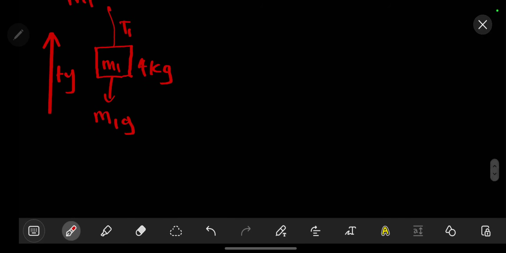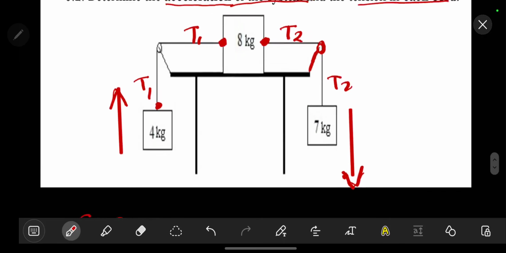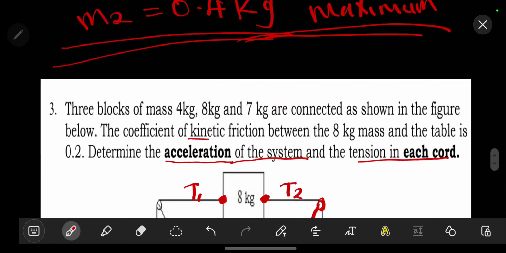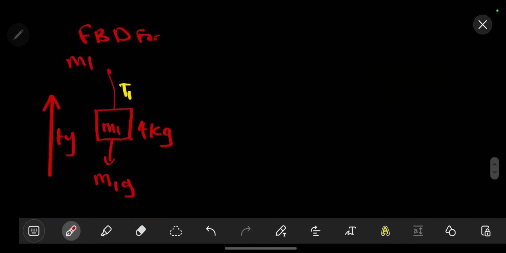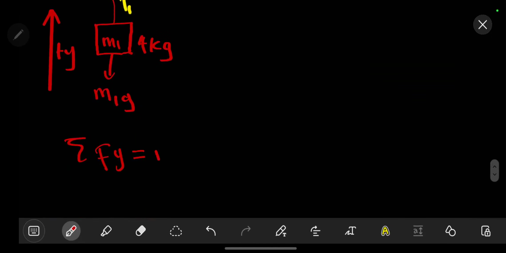The one that is positive is tension, our T1 there. We say summation of forces, purely in the y direction. The summation of forces in y is equal to, it is moving. We have been provided with the coefficient of kinetic friction, and this is only found if an object is moving. So we are going to have something like our M1A.